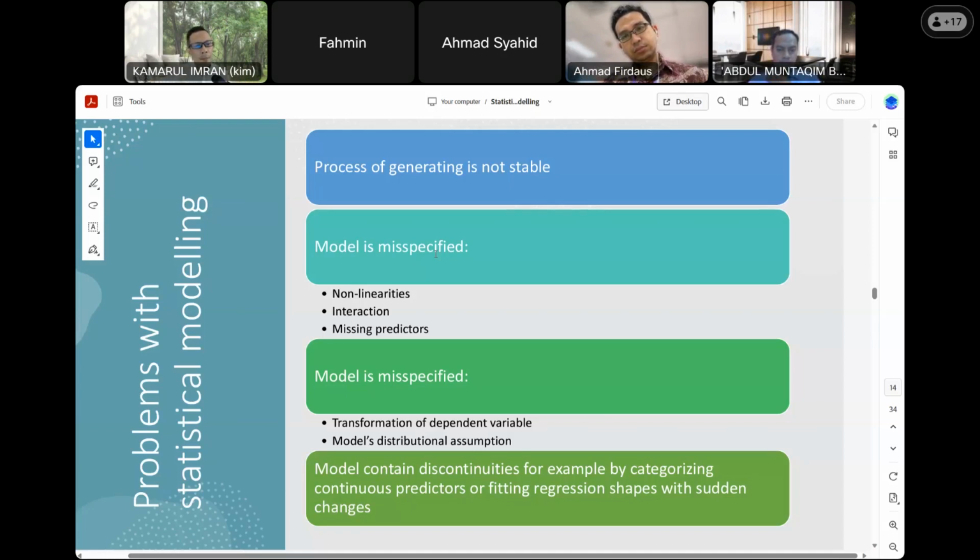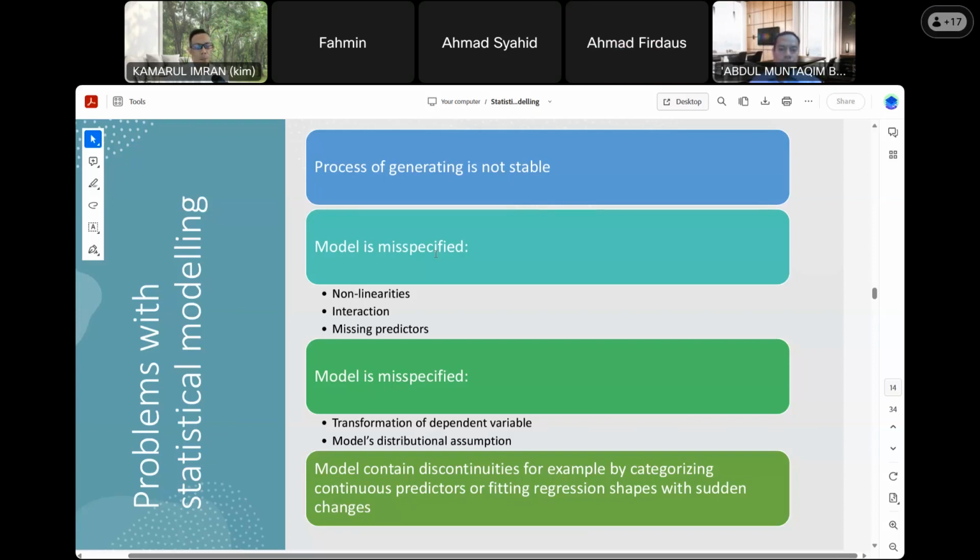Alright. Apa lagi tu? Model is misspecified lagi. Transformation of dependent variable and model distribution assumption. If you perform linear regression and there is non-linearity, should you transform or not your dependent variable? Right.